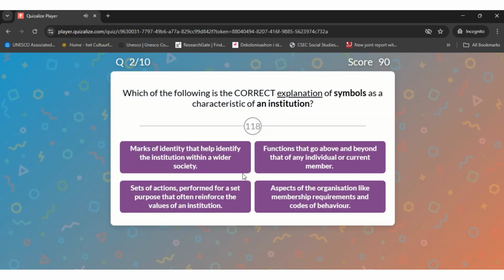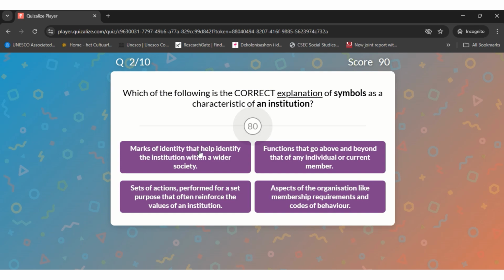Question 2. Which of the following, so one of these 4, is the correct explanation of symbols as a characteristic of an institution? Marks of identity that help identify; sets of actions and functions that go above and beyond any individual current member; or aspects of the organization like membership requirements and codes of behavior. Which one do you think it is?